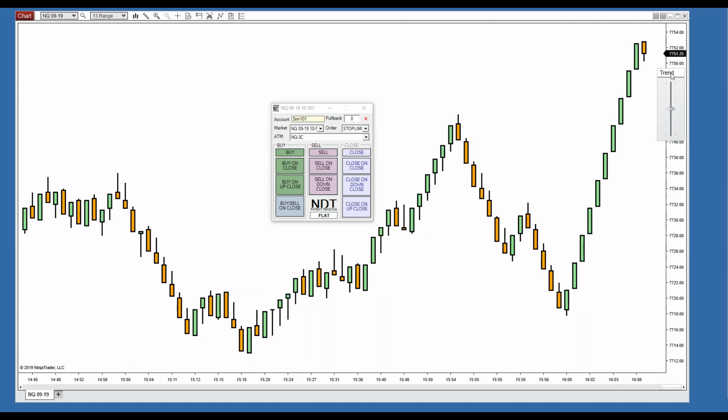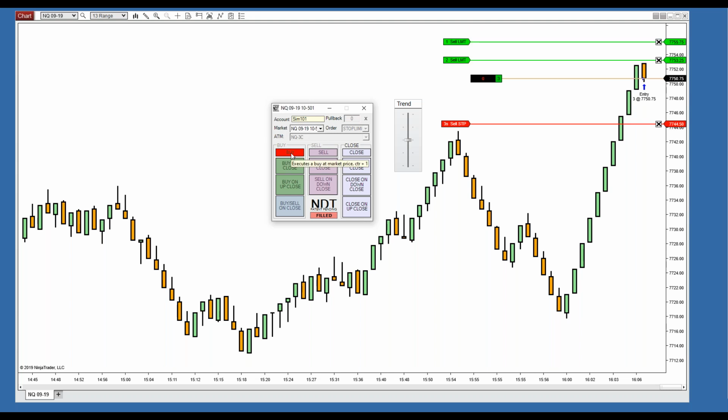Now, the way the tool is configured, you can buy or sell immediately if you choose to do so. If you want to buy, you can just hit the buy, and then you get your instantaneous entry with your targets and your stop.